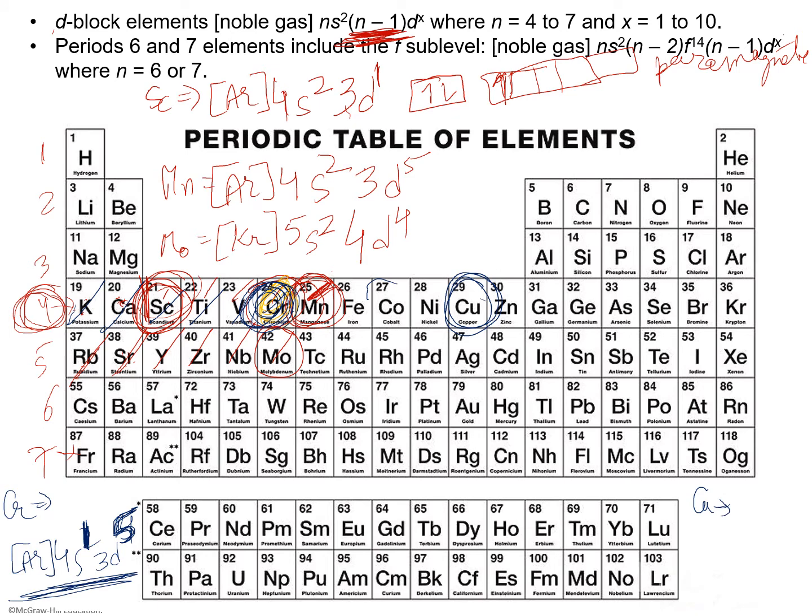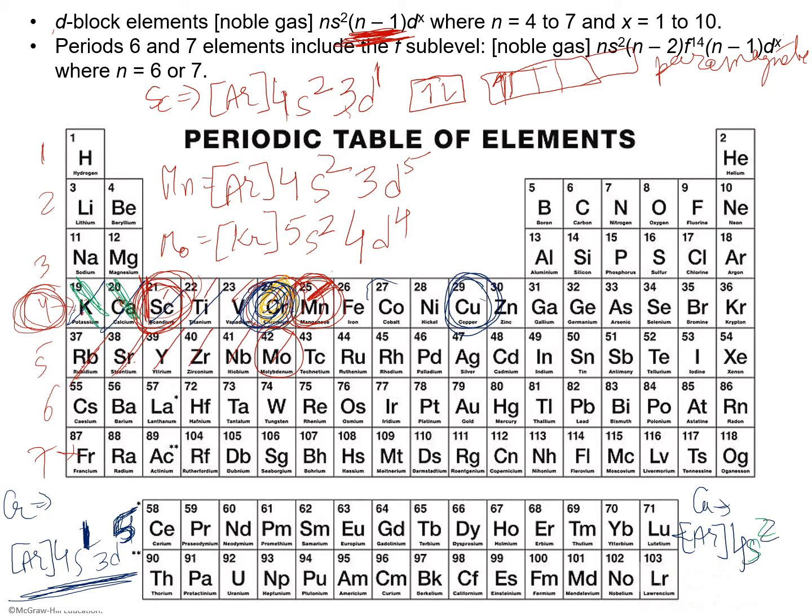If it was not an exception, the element here is argon, so I'd begin with argon. First is 4s, which is 4s2.